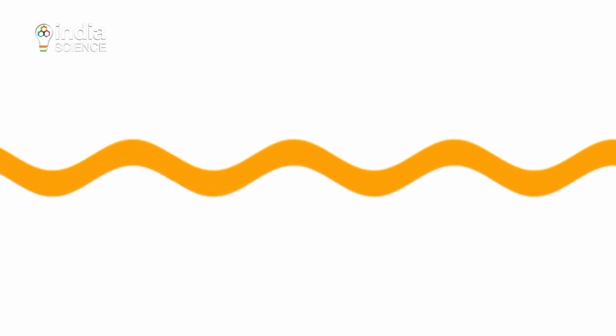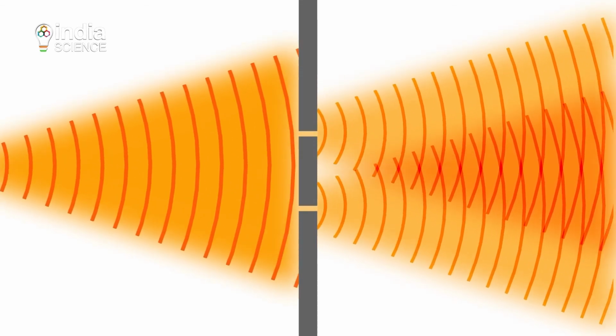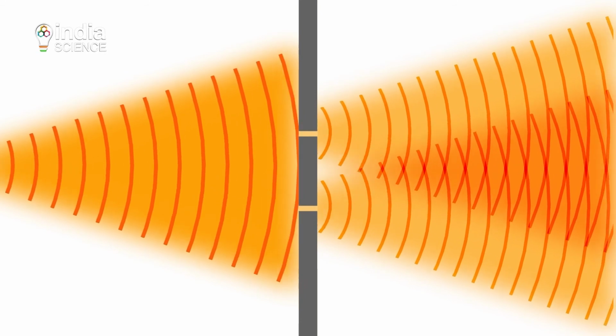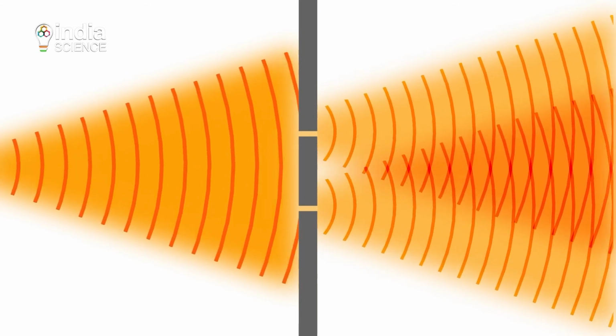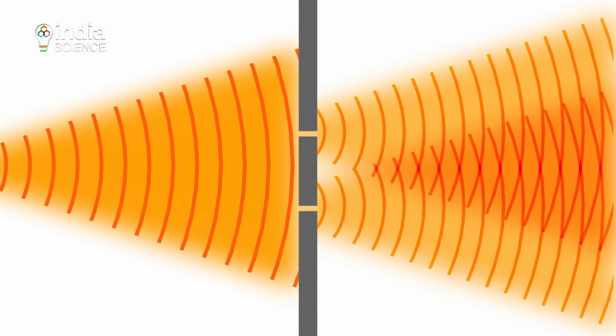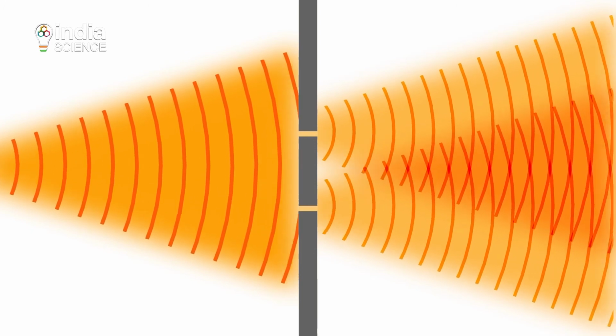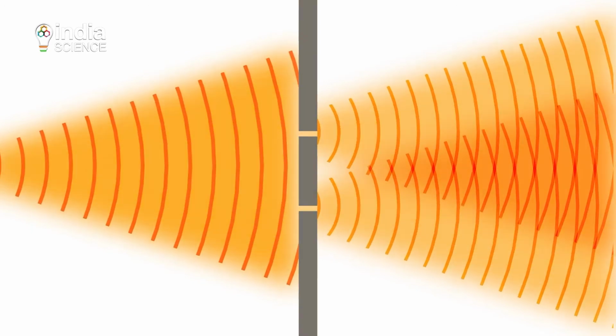A wave is a disturbance moving through a medium. The wave theory says that when two waves interact with each other, they interfere to produce a combined effect. The two waves superimpose on each other. That is, the net displacement at any point is the sum of the individual wave displacements.